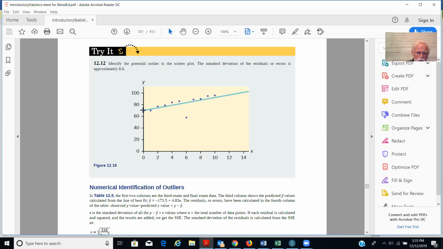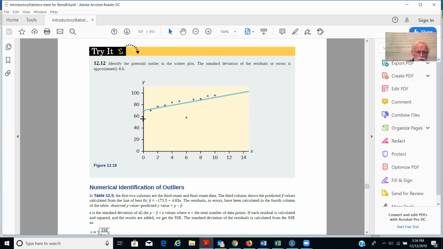from this point, where the y-axis, this is about 76. So 2 standard deviations below that is going to be 17.2 from 76, which is 57 or 56.